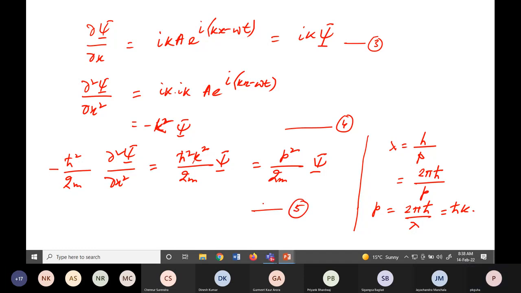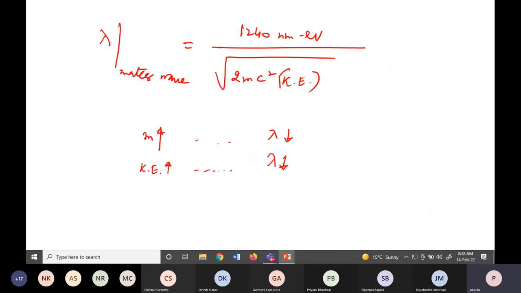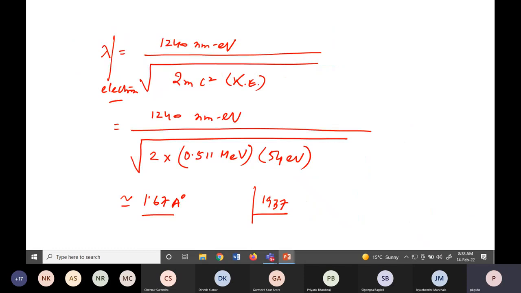Now if I use the conservation of energy, okay, conservation of energy is total energy is equal to kinetic energy plus potential energy. What is kinetic energy? Why has he multiplied with minus h line square over 2m? Because this is nothing but kinetic energy. p square over 2m is nothing but kinetic energy, right? If you take half mv square, that will come out p square over 2m. You remember at the beginning of today's class we had this relation, right?